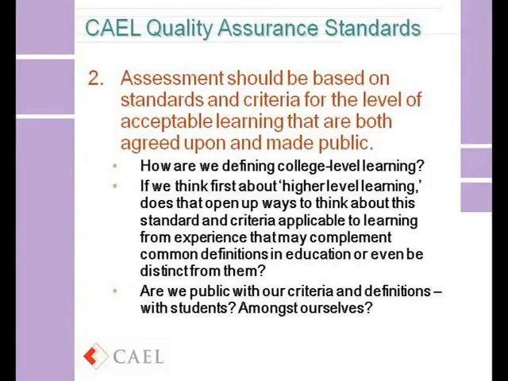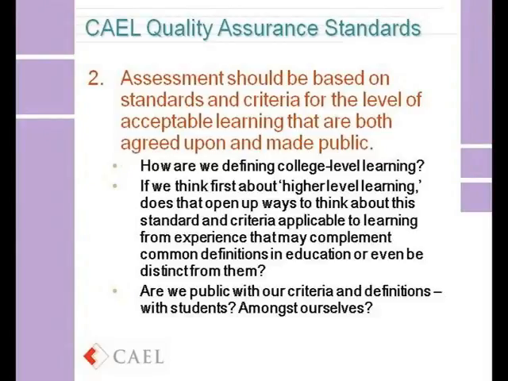The second standard is assessment should be based on standards and criteria for the level of acceptable learning, and these are both agreed upon and made public. For example, undergraduate college credit should be awarded for undergraduate level learning. A professional credential should be awarded for learning that meets the standards of knowledge and skills of the related industry or the profession.